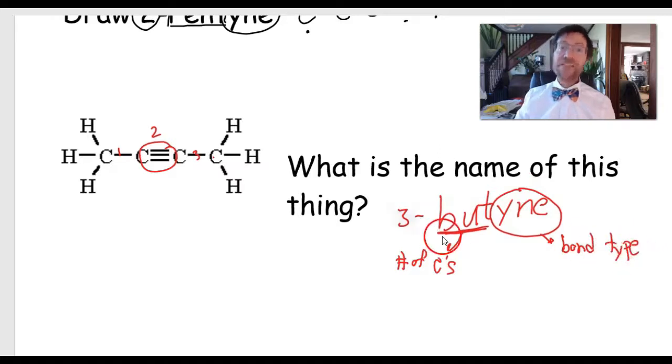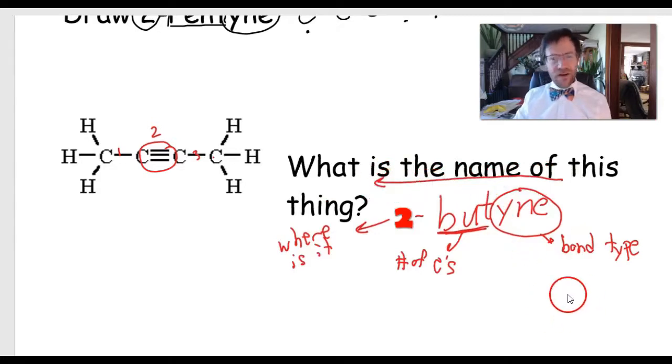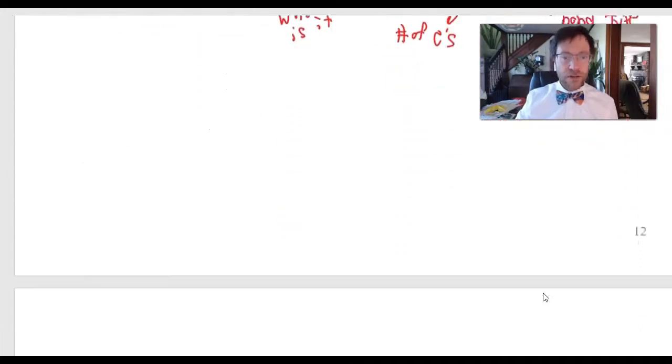And then finally, this one was where. Where is it? So these things tend to get built, we build the name backwards. We start typically on the right, and then we move over to the left. So we start here, we move there. It's how we build it. And then we read it left to right, because why wouldn't we do that?